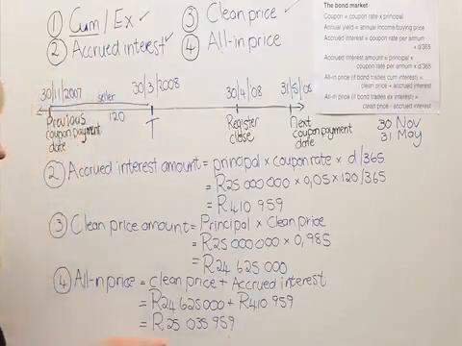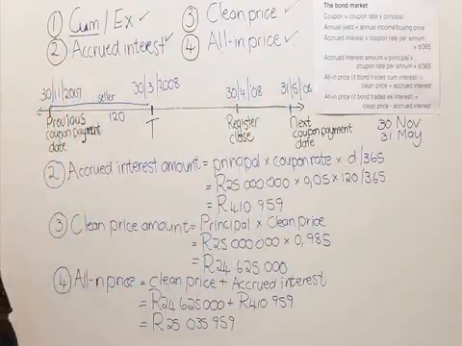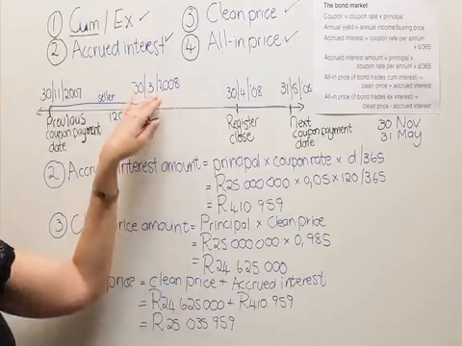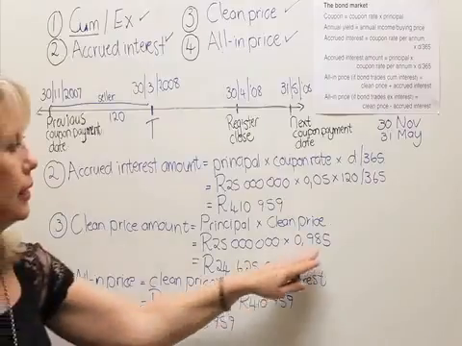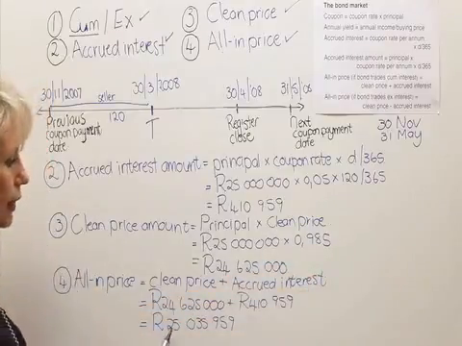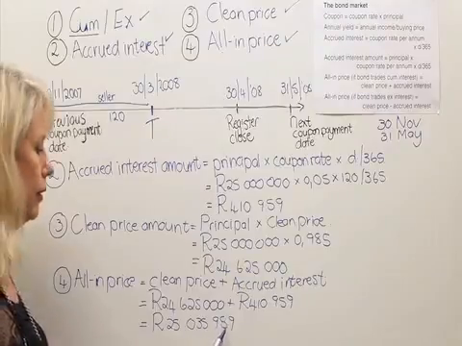So now we've completed step number 4 as well. The all-in price of bond A when it trades on the 30th of March 2008 at a price of 98.5 Rand per cent is 25,035,959 Rand.